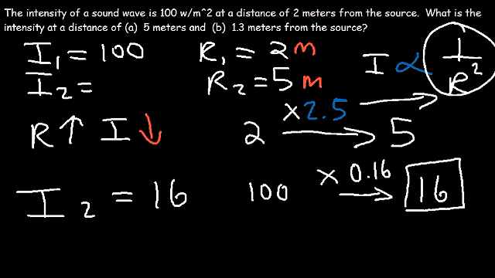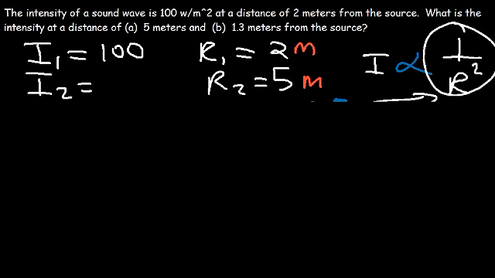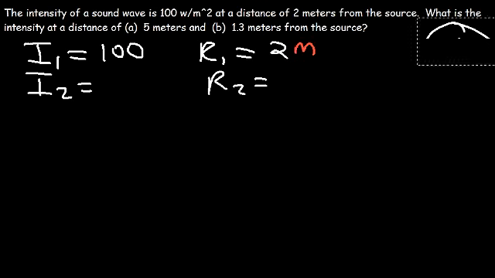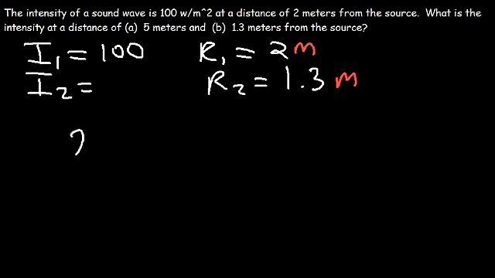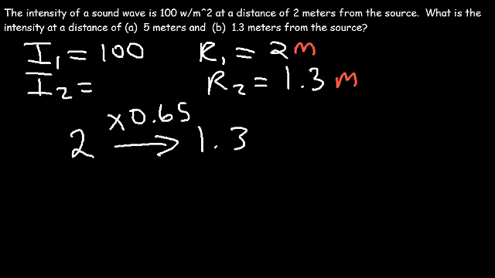So now let's see if we can get the answer for the second part of the problem using the same process. So this time R2 is 1.3. So notice that we're closer to the source, which means that the intensity should be greater than 100. So the distance decreased by what factor? If we divide 1.3 by 2, it decreased by a factor of 0.65.